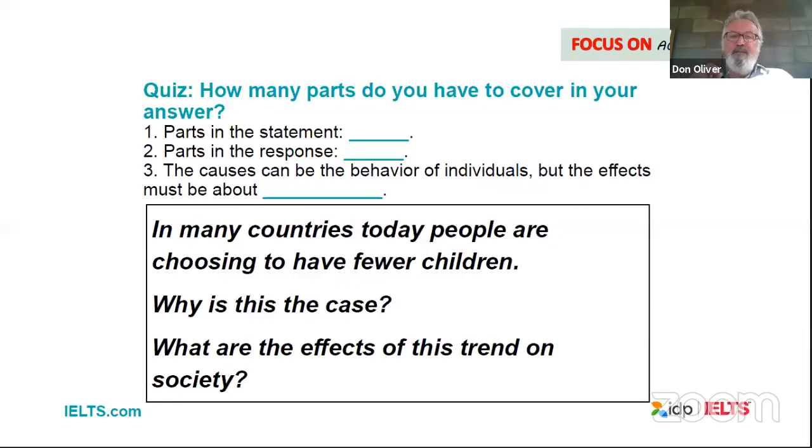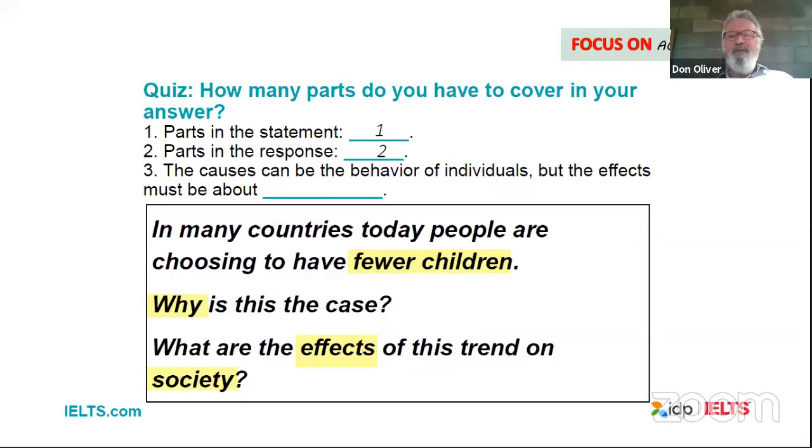The first statement, in many countries today, people are choosing to have fewer children. Well, it's a simple statement. It's really just one idea. People are having fewer children. But how many parts are there to the response? Well, there are 2. The reason and the effect on society.